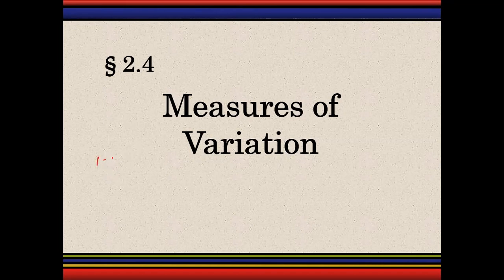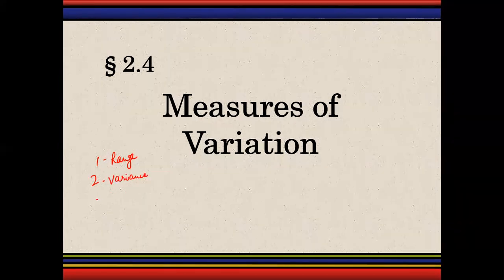One very raw value is the range. Number two, we can have variance, which is basically a squared average deviation within the data set. Then we have a standard form of variation, which is called standard deviation.